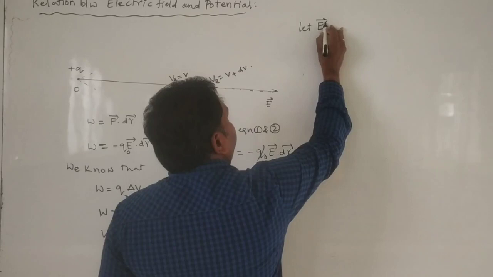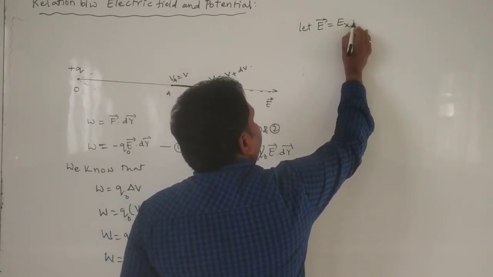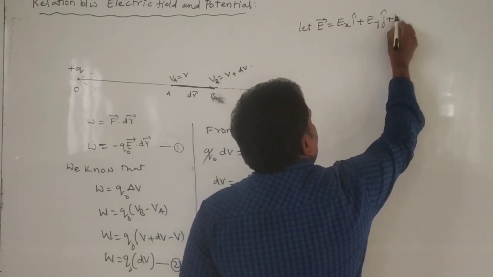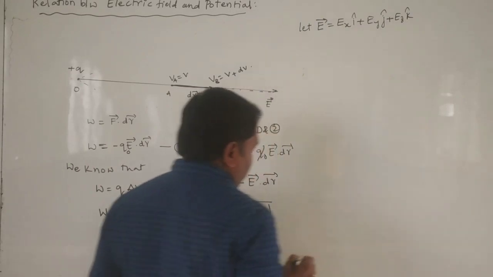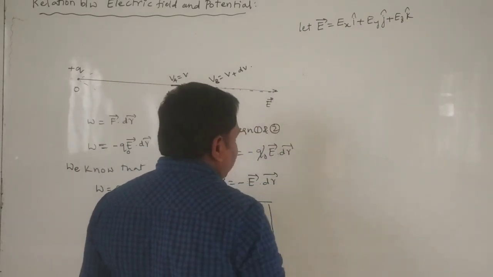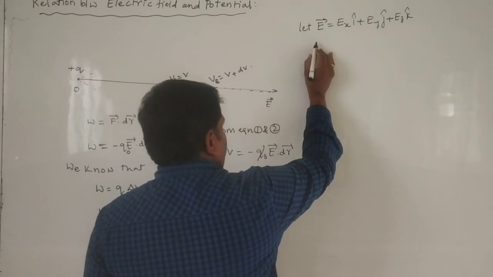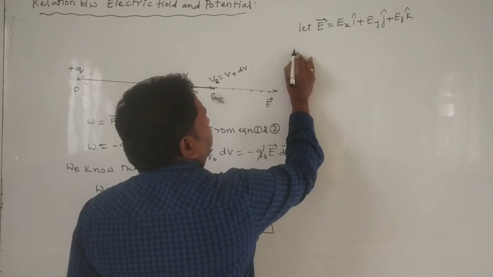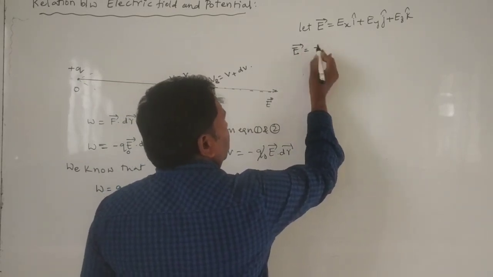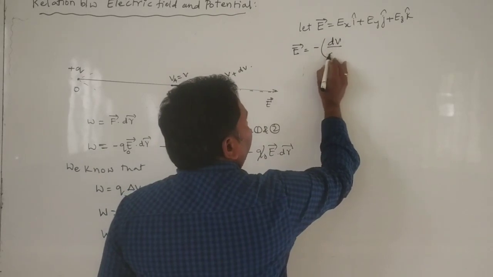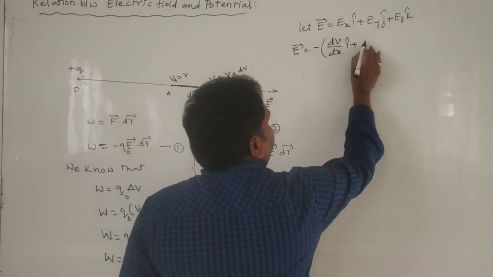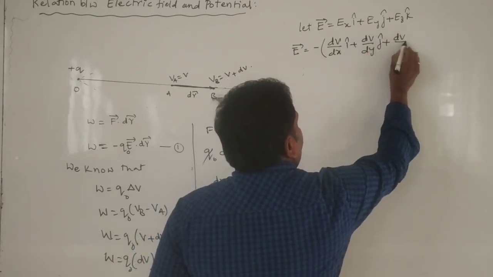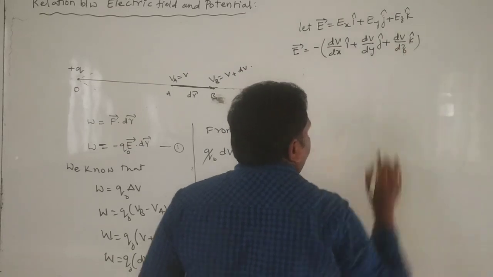Let E bar equal Ex i cap plus Ey j cap plus Ez k cap, and this can be written as E bar equal to minus of dV by dx i cap plus dV by dy j cap plus dV by dz k cap.